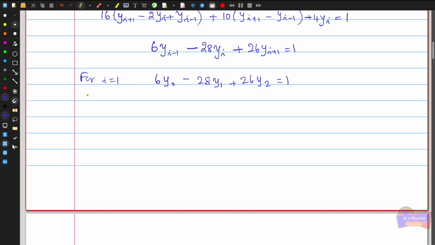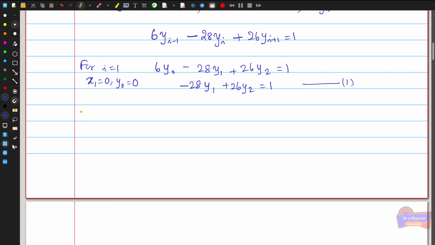I have the initial condition y of 0 equal to 0, which is the given boundary value, so I can substitute y0 here. The final equation will be minus 28 times y1 plus 26 times y2 equal to 1. So this is my first equation, since y0 is 0.